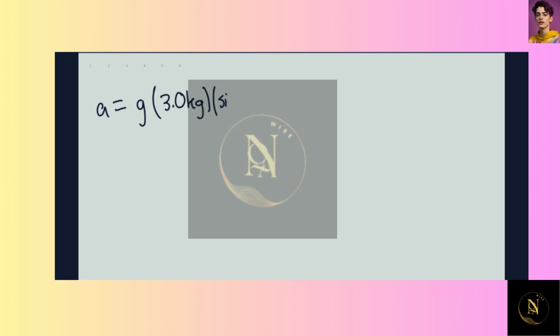times sine of 27 degrees minus 0.055. So this is when the coefficient of friction equals 0.055 times cosine of 27 degrees minus 0.055 times 33 kilograms.